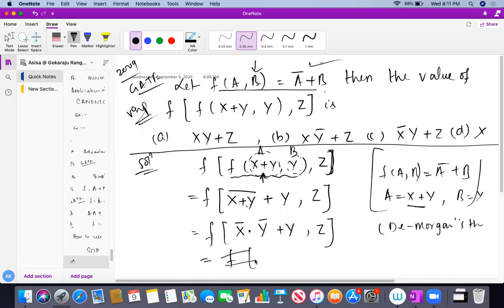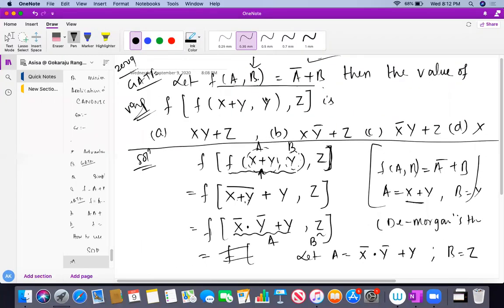Can I relate it again with this? This will be my a, this will be my b. Let a be x bar, y bar or y, and b be z. Can I do it like this? Because it is in this form again, I can use it.